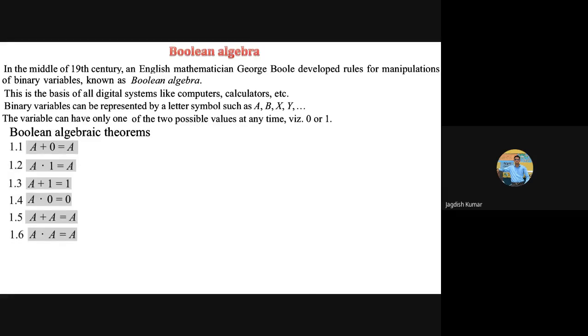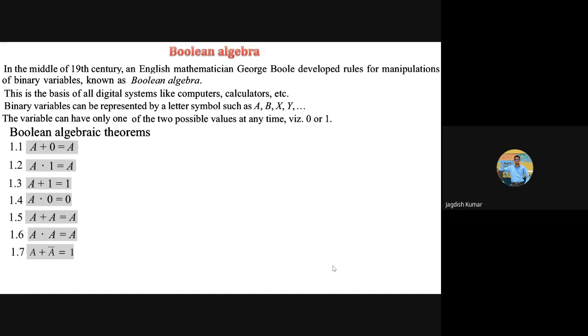Okay, fine. Now, if there is no question, then there is another theorem which says A or A bar should be equal to 1. This is also something interesting. If you OR a variable with its complement, output will always be 1. You can make a simple truth table, or imagine an OR gate to which you are giving A and also its complement.